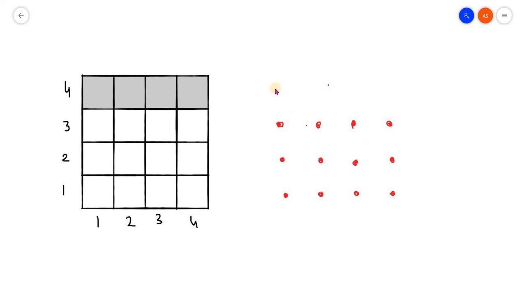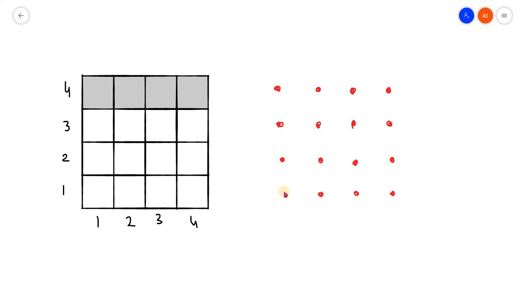And then we have 13, 14, 15, 16. So we have made here 16 nodes, and now we shall connect them with edges. This is important here, because this connectivity of edges we have to convert into our adjacency matrix in Matlab.